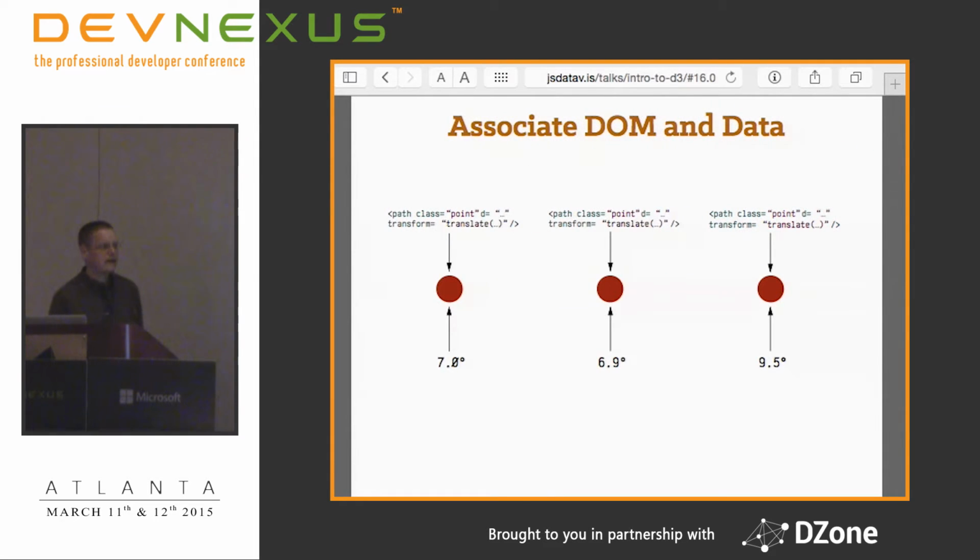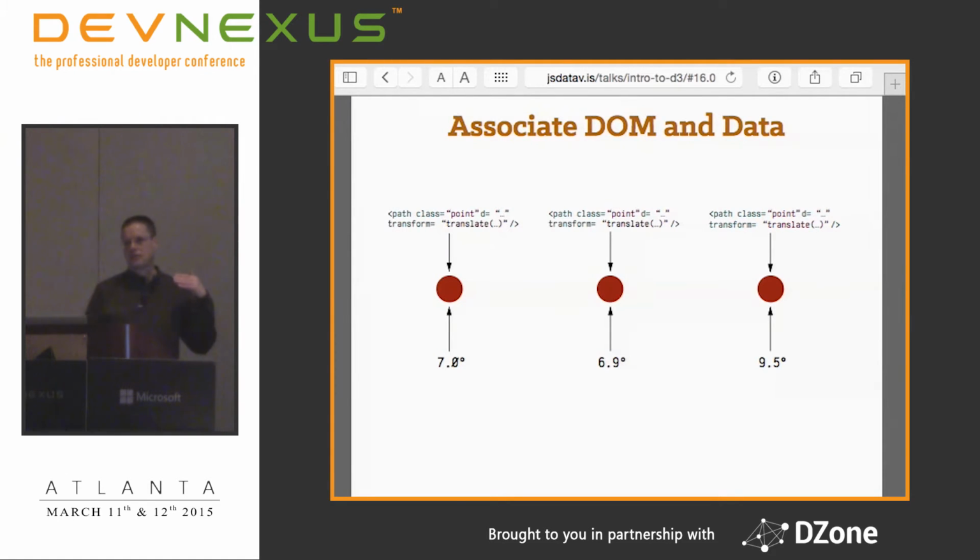So a way you can sort of think about it visually is if we've got a set of data, and that's on the bottom of this slide, we've got temperature data, 7 degrees, 6.9 degrees, 9.5 degrees. What we want to do is associate each of those data values with an SVG path element. And that path element, actually we probably want to make it a circle element in this case, we'll create a circle element.